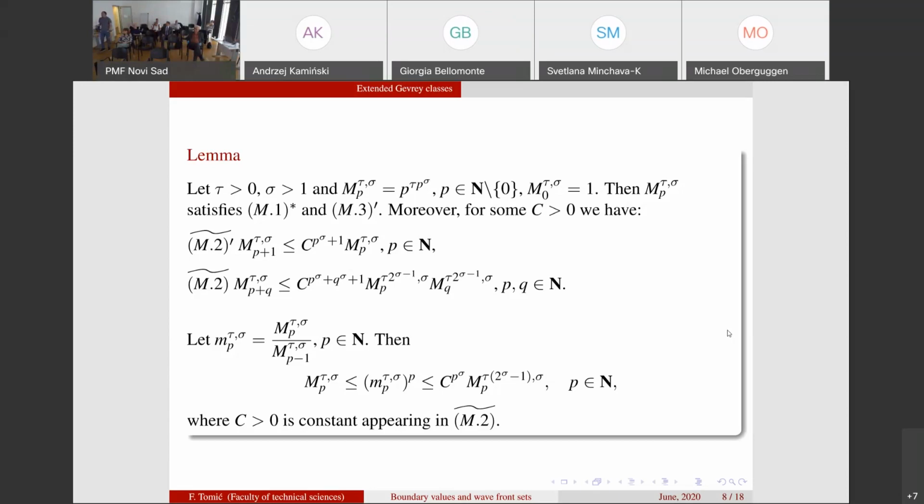So, as you can see here, when sigma is equal to 1, then we have the Gevrey case, when this tau is greater than 1, and then we have just the regular Komatsu conditions. But if sigma is strictly greater than 1, then of course we have, let's say, a generalization of standard conditions.